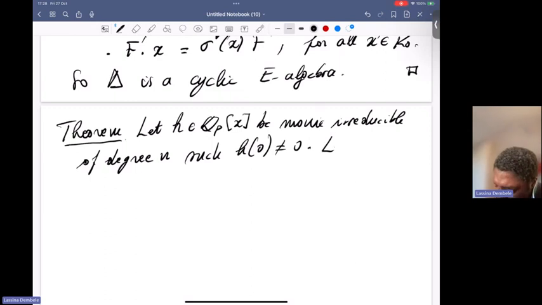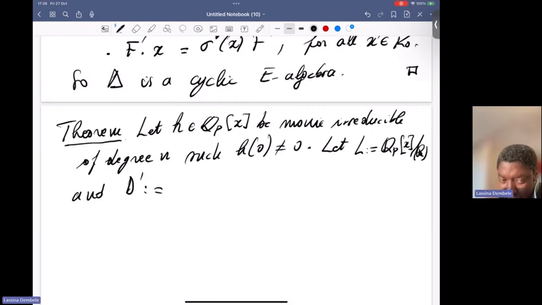and then we let L be the field generated by that polynomial, so QP X quotiented by H, and define T prime to be the algebra that we get by quotienting the Dieudonné ring.